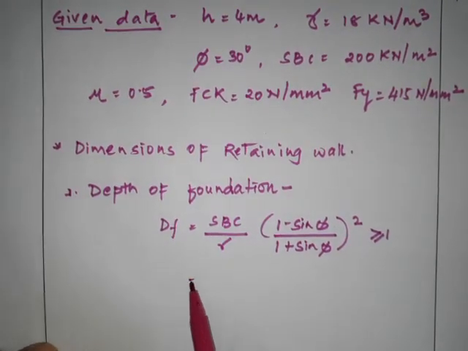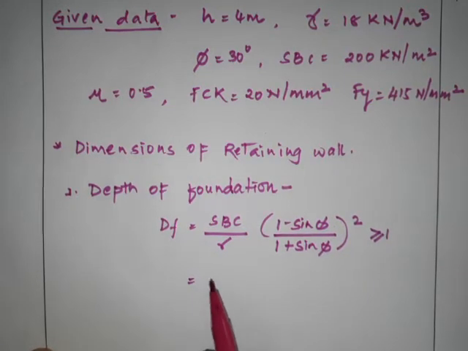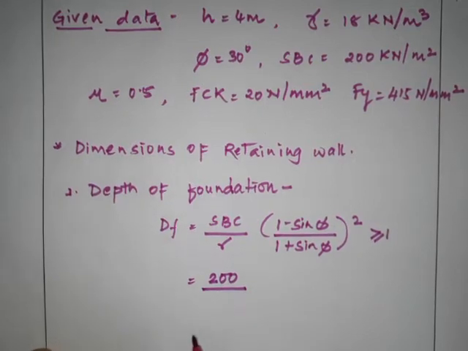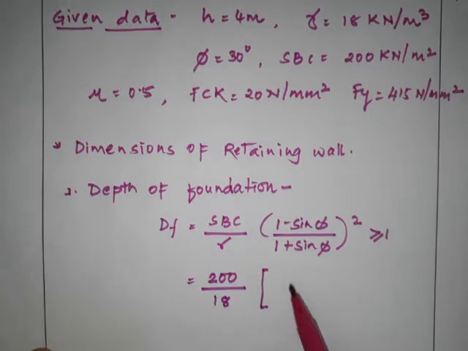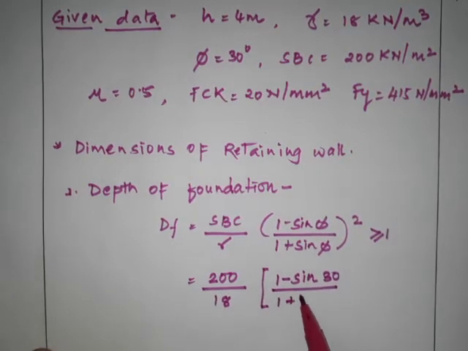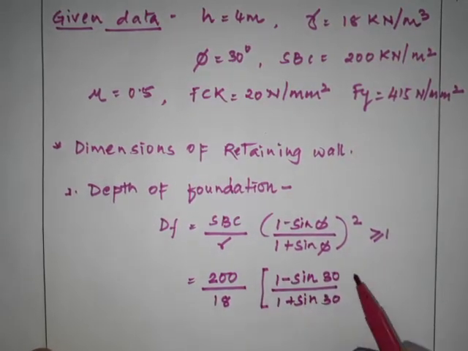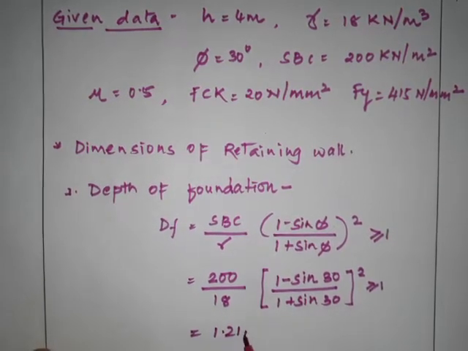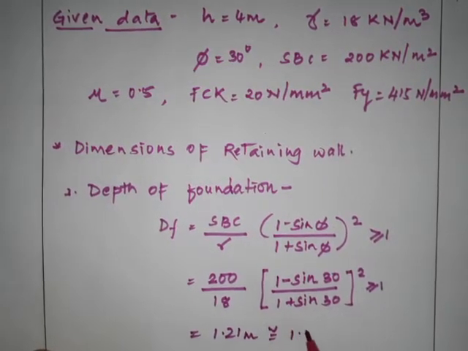SBC is given as 200 divided by density 18 into the bracket of (1 minus sin 30 divided by 1 plus sin 30) squared, which should be more than or equal to 1. So we got 1.21 meter. So we will round it off to 1.25 meter.